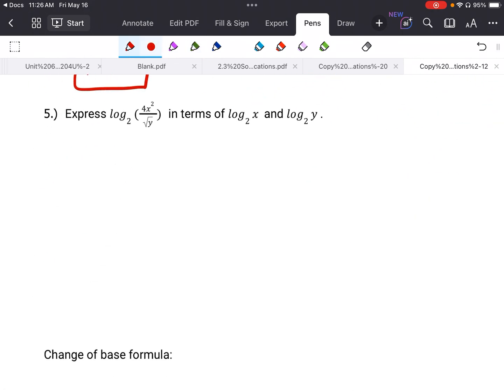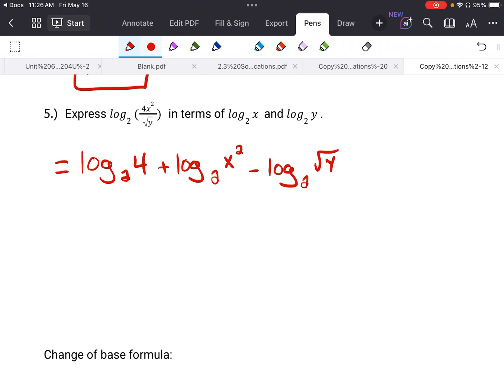Express log base 2 of 4x squared divided by the root of y in terms of log base 2 of x and log base 2 of y. Okay, it's a bit tough. We have log base 2 of 4 plus log base 2 of x squared minus log base 2 of the square root of y.